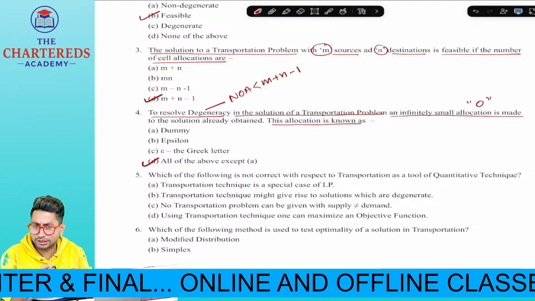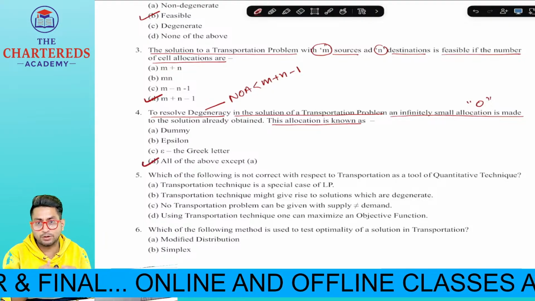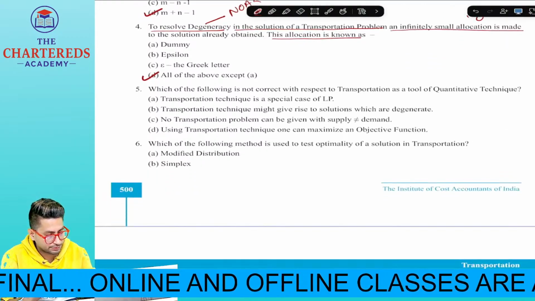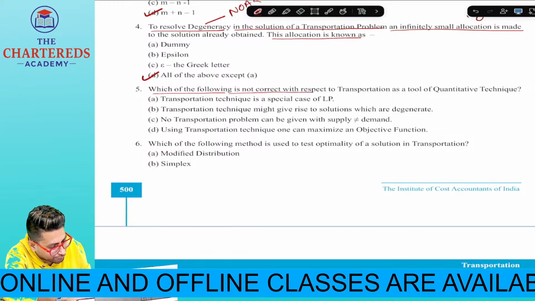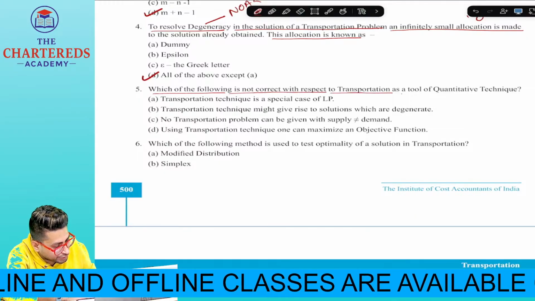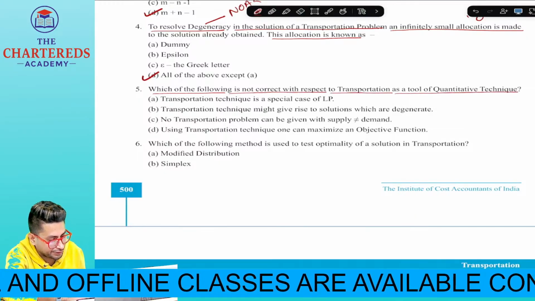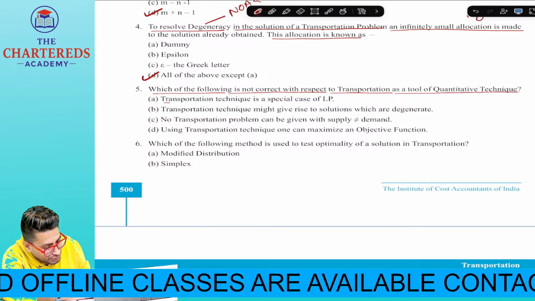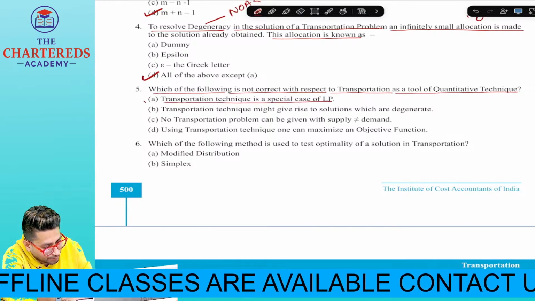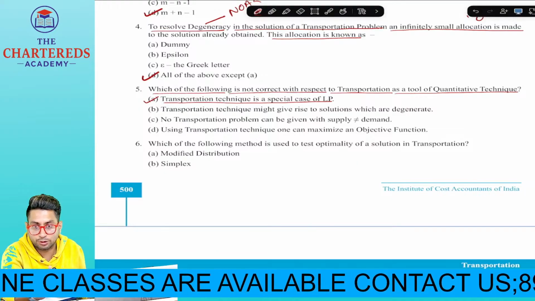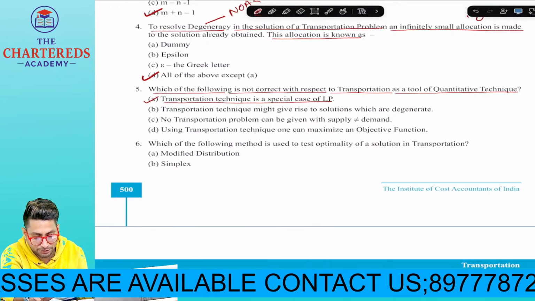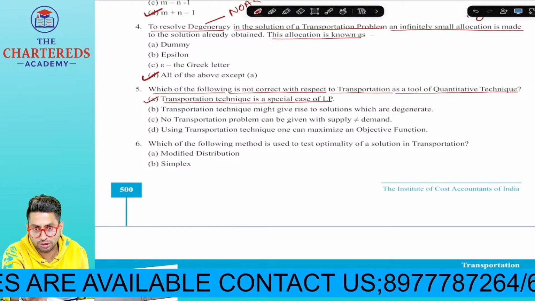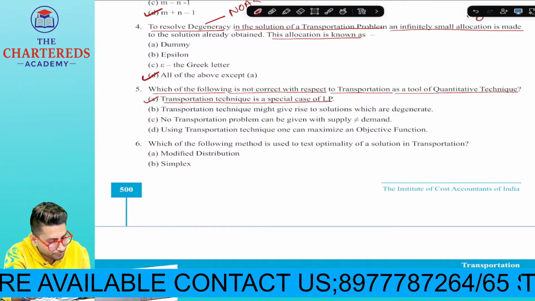Simple MCQs, right? Like this only MCQs will be there. In some chapters you may face difficulty, not all chapters. Which of the following is not correct with respect to transportation as a tool of quantitative technique? Is transportation a special case of linear programming? Yes, because I already told you at the start, we can solve transportation using linear programming also, but we don't because problems will become lengthy.